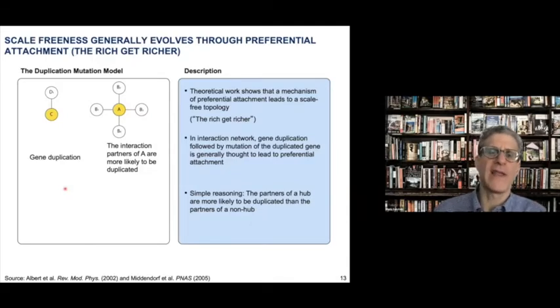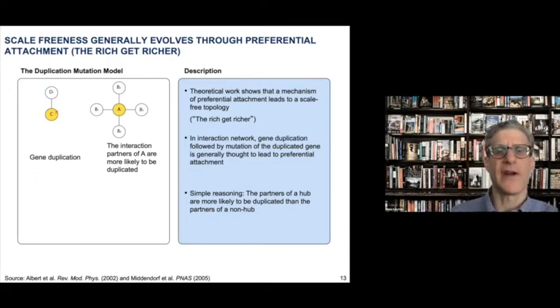And you can see how naturally this type of thing fits with a gene duplication model. So if you imagine you have two proteins that are interacting, but imagine that they are duplicated.